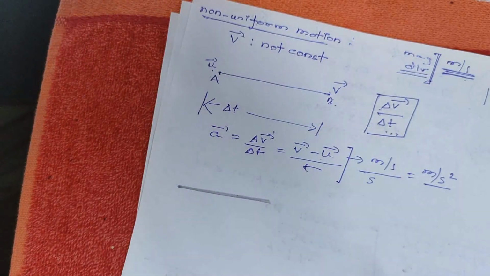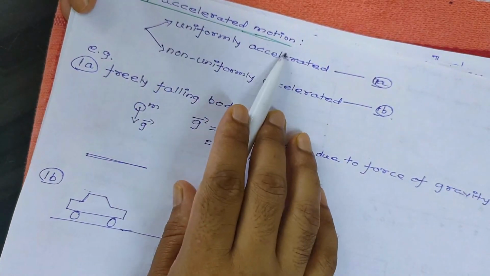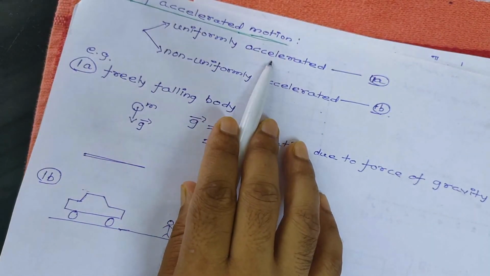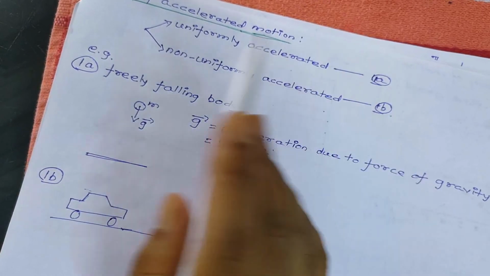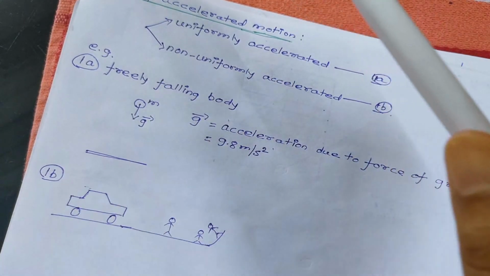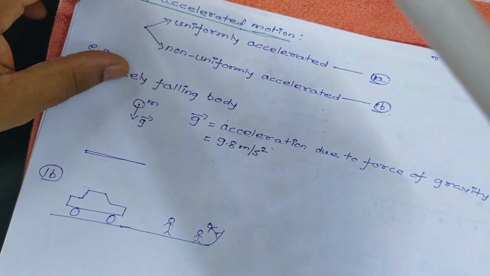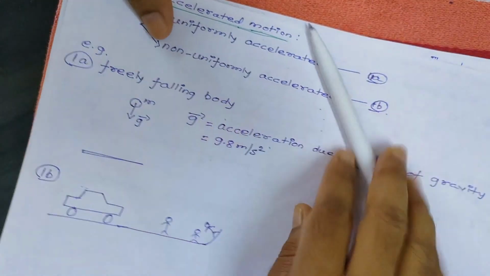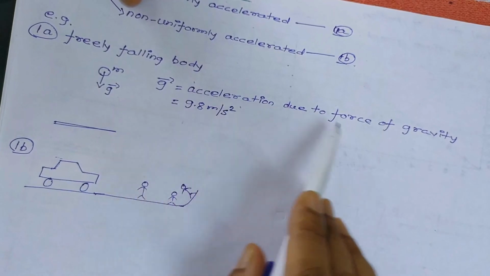Okay, guys. There are two types of accelerated motion: uniformly accelerated and non-uniformly accelerated. As the name suggests, in uniformly accelerated motion the object is moving with uniform acceleration. An example is a freely falling body. Suppose you are holding this pen and you just release it. It will go down under the influence of the force of gravity. It has a fixed value, 9.8 meter per second square. This is acceleration, and we denote it by the letter g, acceleration due to gravity.